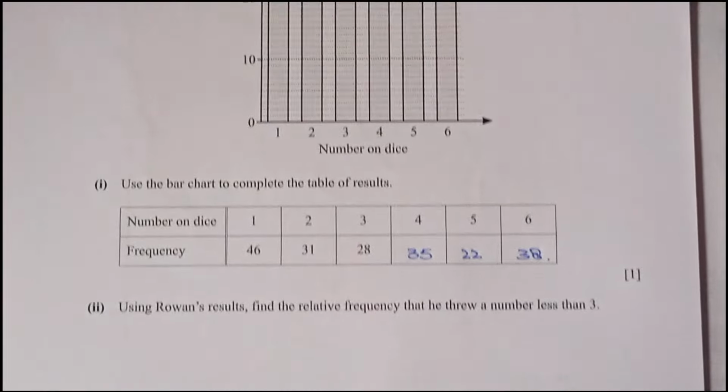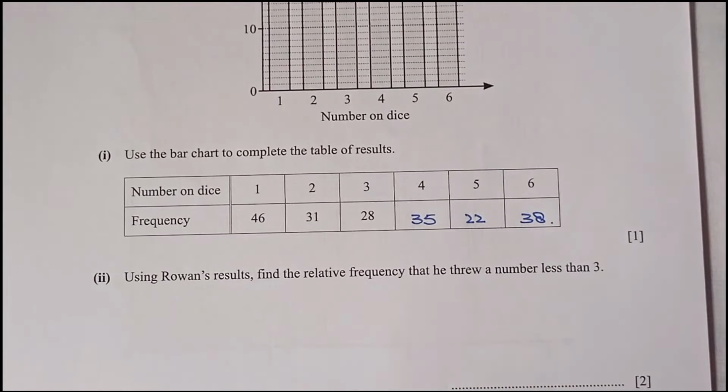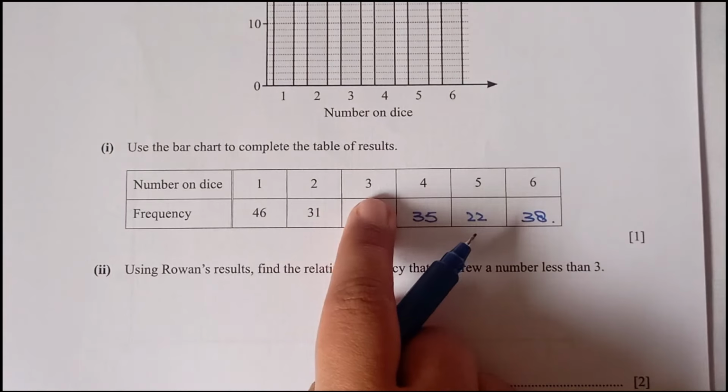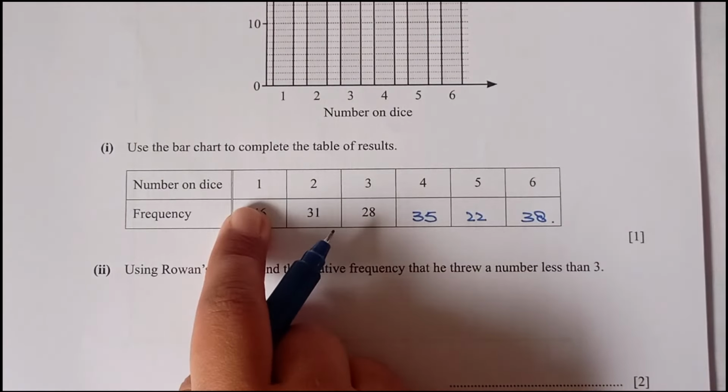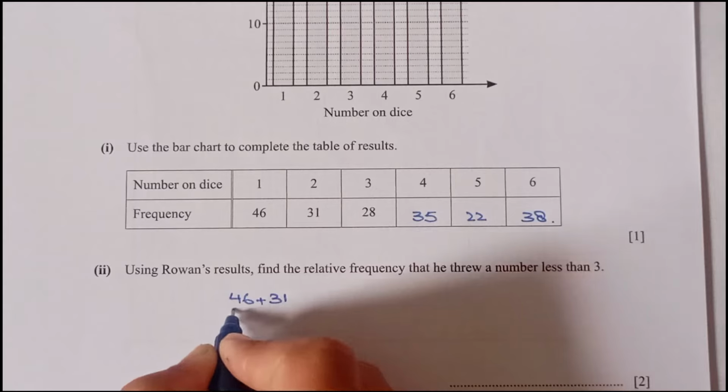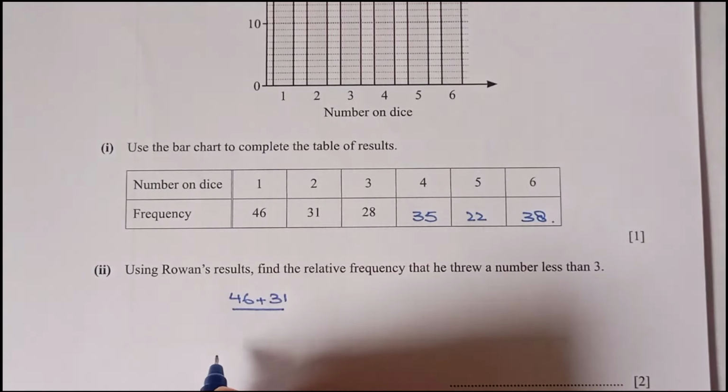Now for the second part, using Ron's results, find the relative frequency that he threw a number less than 3. A number less than 3 can be 2 or 1, and their frequencies are 46 and 31. So we need to add the frequencies, 46 plus 31, and divide by the number of throws.